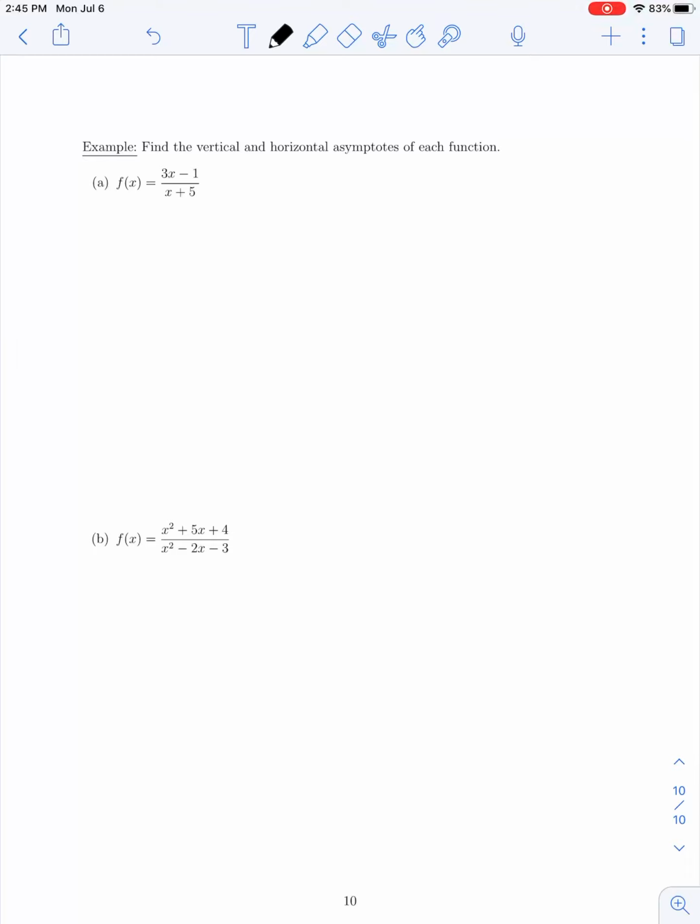So in our last example for this section, we're given a function, which is a rational function, a quotient of two polynomials. And we are asked to determine the vertical and horizontal asymptotes of each of these functions. So in order to determine vertical asymptotes, we're trying to find where we have a positive or negative infinite limit.